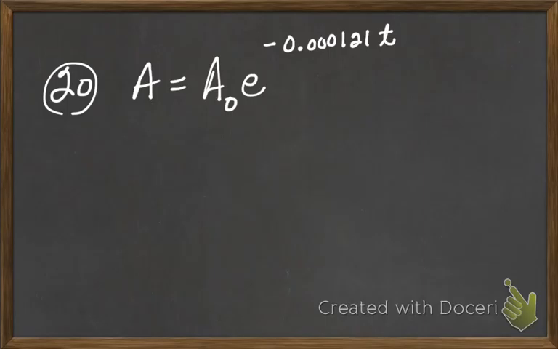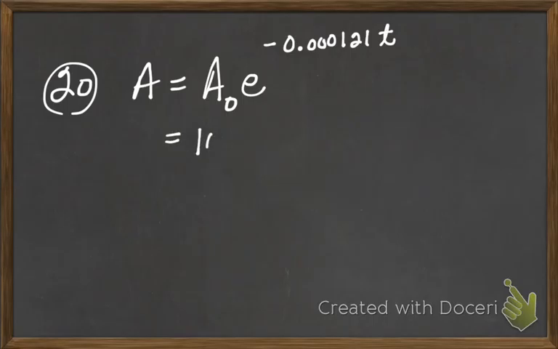When we're doing half-life, we begin with 100% and we end with 50%. But in this problem, they dig up some bones and find there was 88% carbon-14 in the bones.